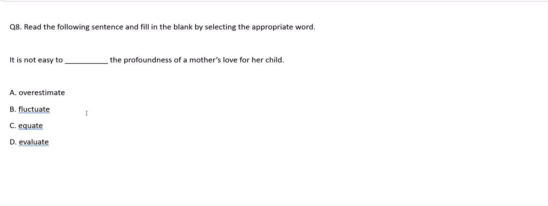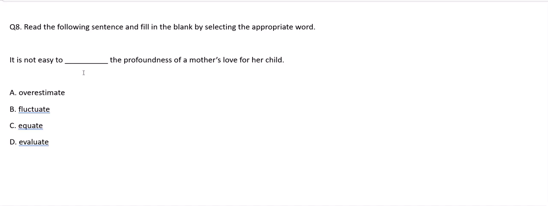Let's see which of the given options fits that blank. Overestimate means estimating something more than what it actually deserves, so it won't suit that blank. It is not easy to overestimate, it won't come. Fluctuate means changes, it won't come.